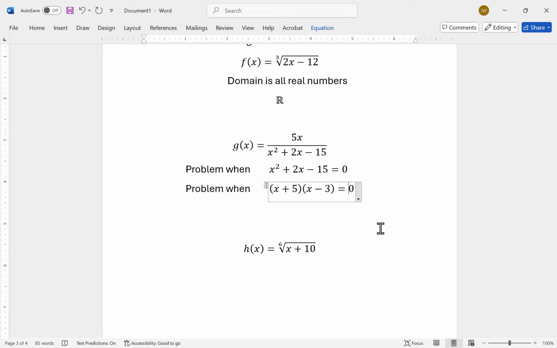And then we use what we call the zero factor property to solve. So we say that either x plus 5 could have been 0, or x minus 3 could have been 0.